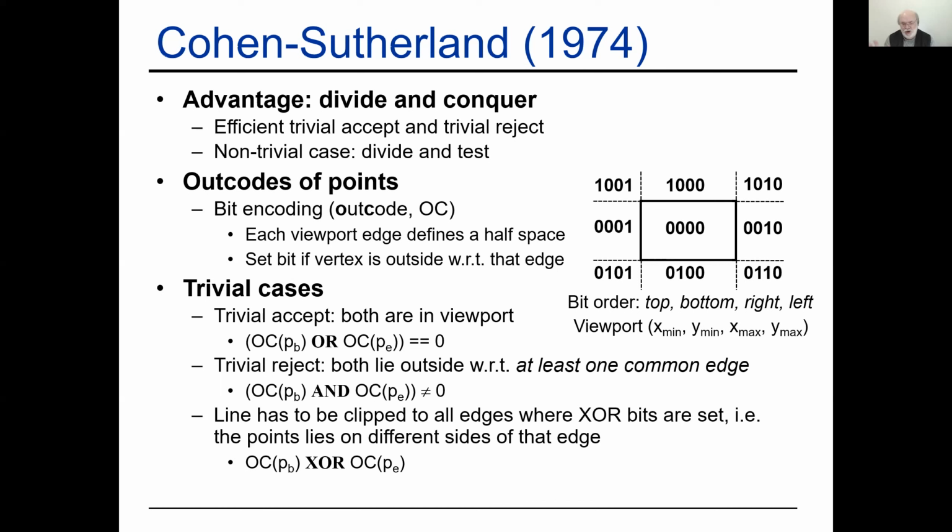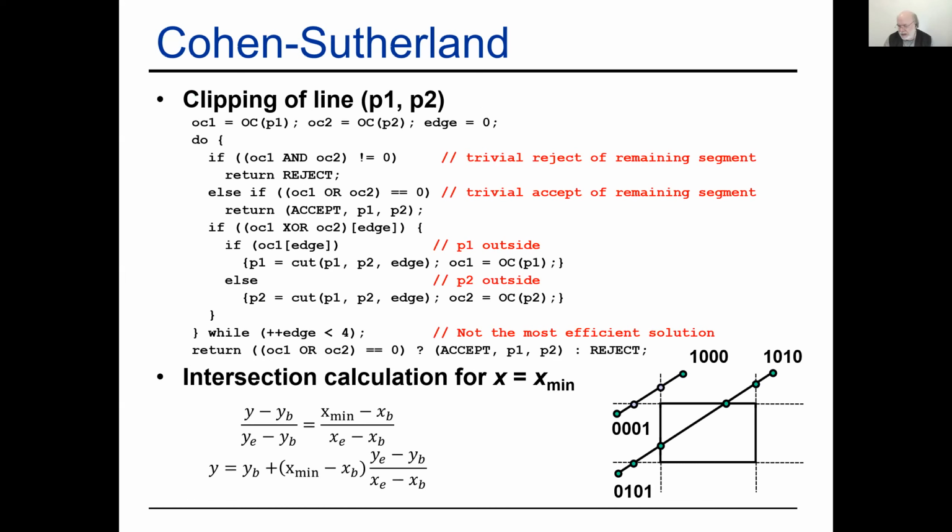Somewhere that line crosses that edge. It doesn't mean that it crosses that edge within the window. It could cross the edge somewhere outside, but we at least know there is a potential intersection with respect to this edge. And so we can limit our computations to only those edges where the XOR of the outcodes has a 1. And so the clipping is now fairly trivial.